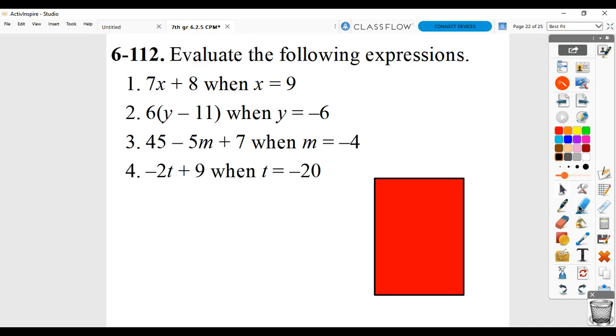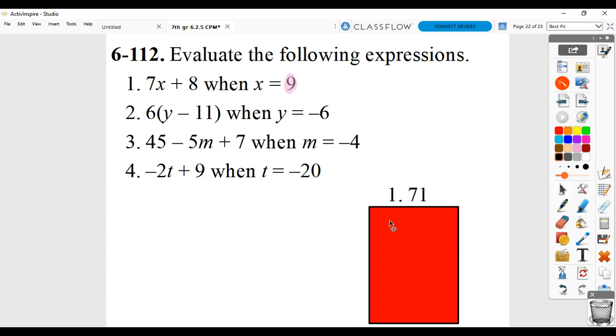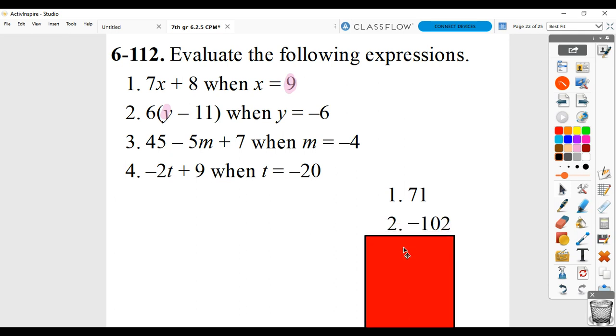To evaluate these, 7x plus 8, you're going to replace x with 9, so 7 times 9, and then add 8 to that, and you get 71. Here you can replace y with negative 6, subtract 11 from it, and then multiply by 6. You're still following order of operations, so you get negative 102.